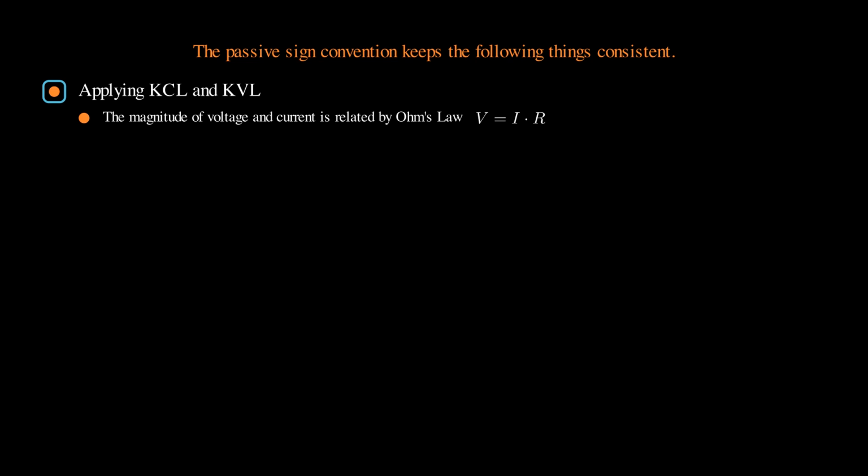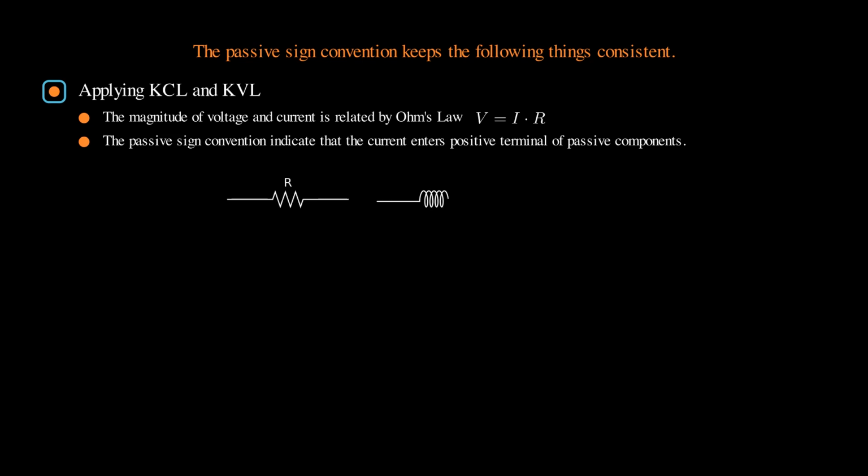But how are the voltage polarity and current direction related? The answer is the passive sign convention that indicates the current enters the positive terminal of passive components, namely resistors, inductors, and capacitors. We will learn inductor and capacitor in AC network. Let us focus on resistors for now.